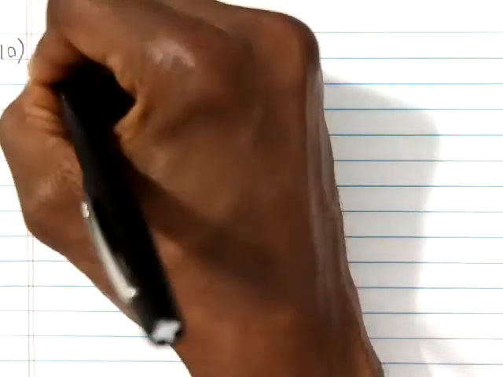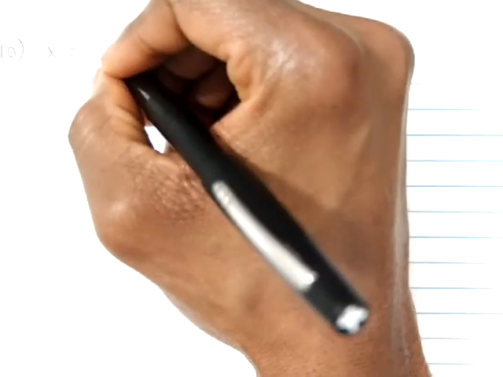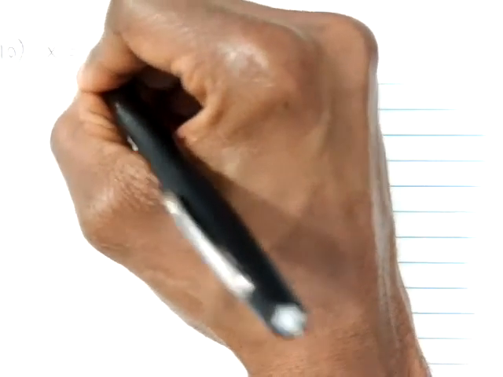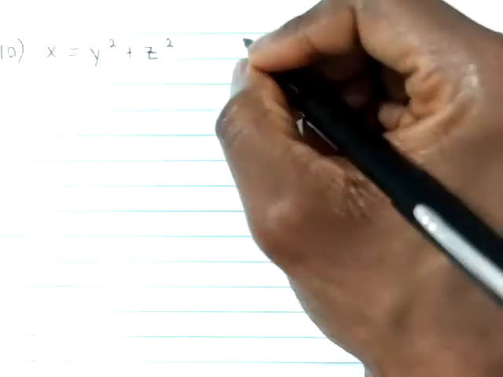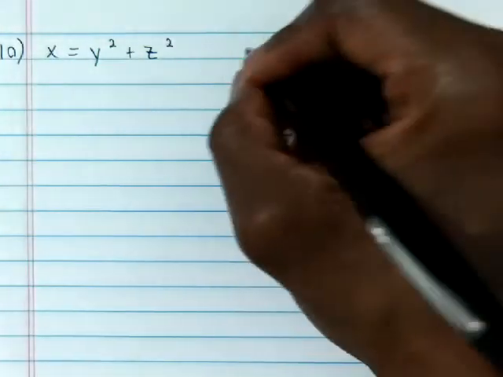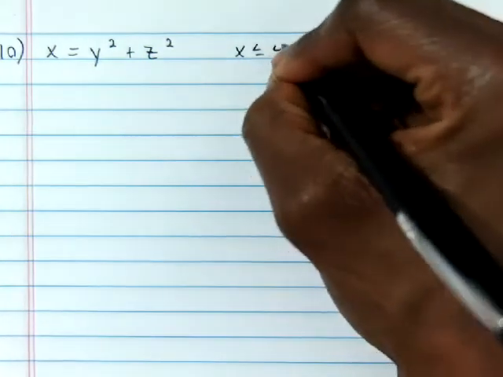So in 10, sigma is the part of the paraboloid x equals y squared plus z squared for x less than or equal to 4.